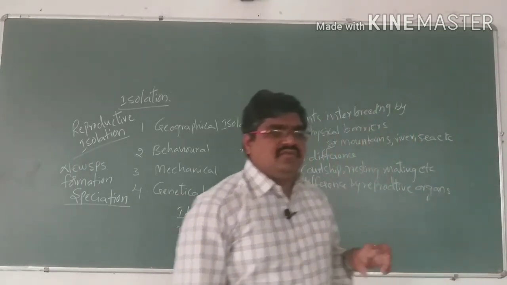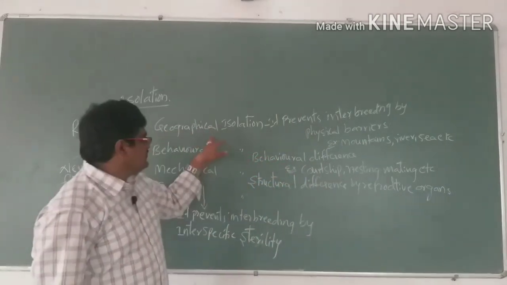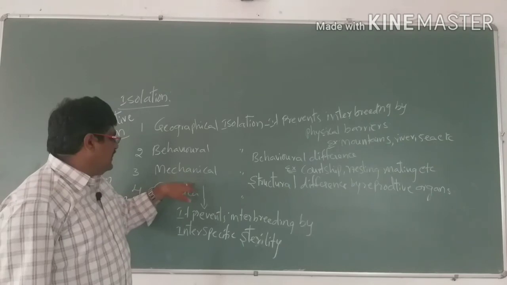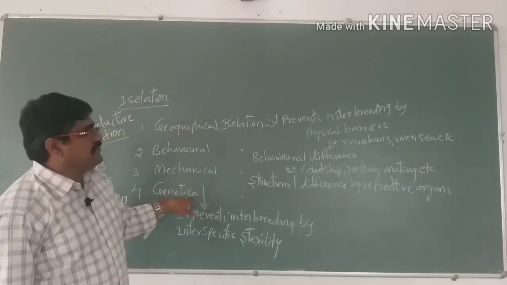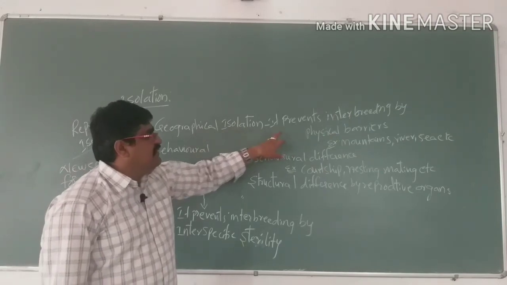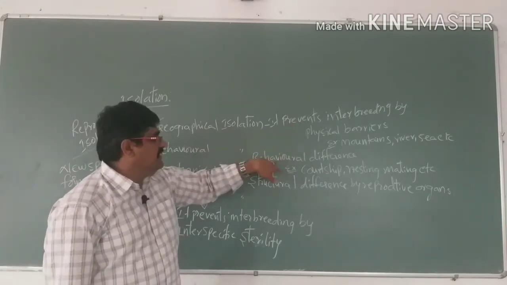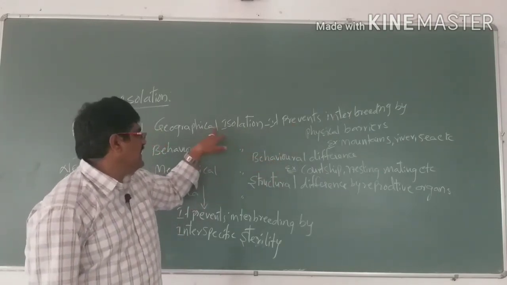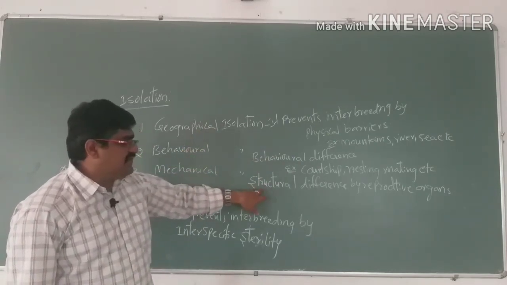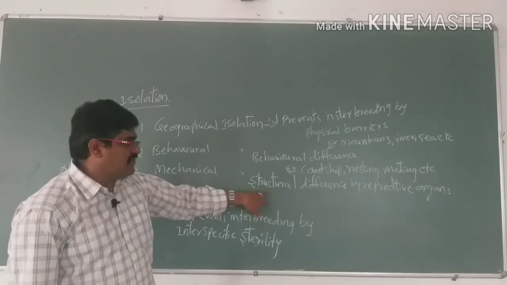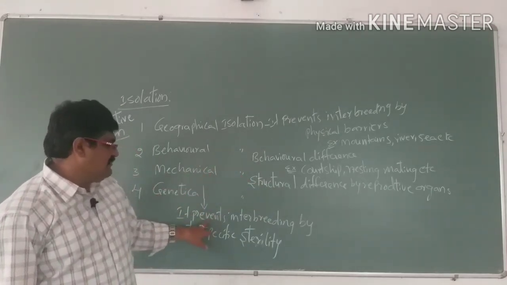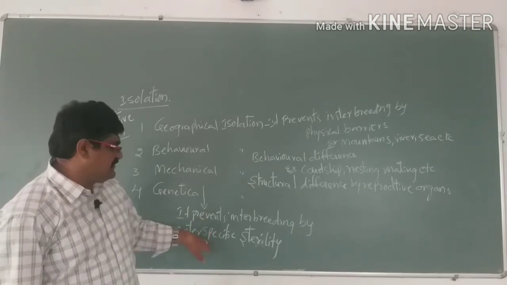That is isolation, where you have 4 types: geographical, preventing interbreeding by physical barriers; behavioral, by behavioral differences; mechanical, by structural differences in the reproductive organs; and genetical, by interspecific sterility.